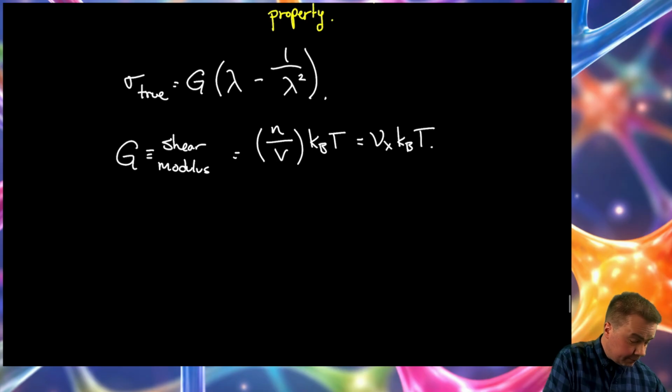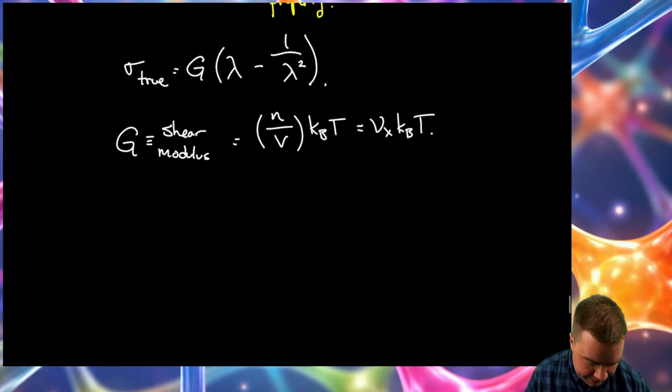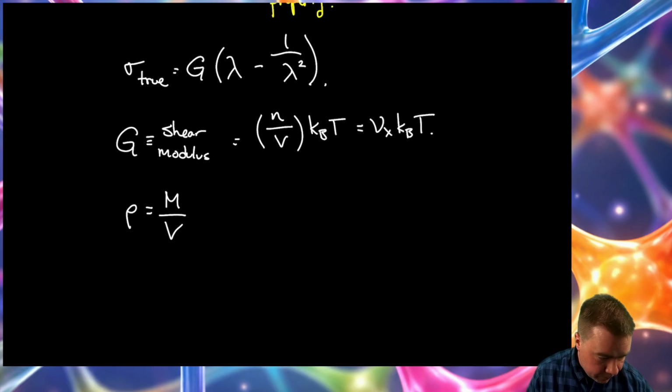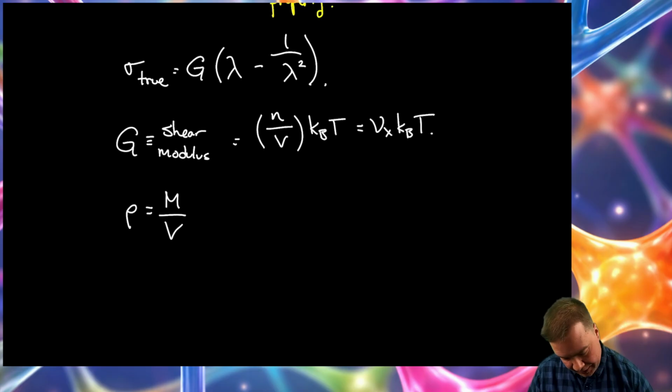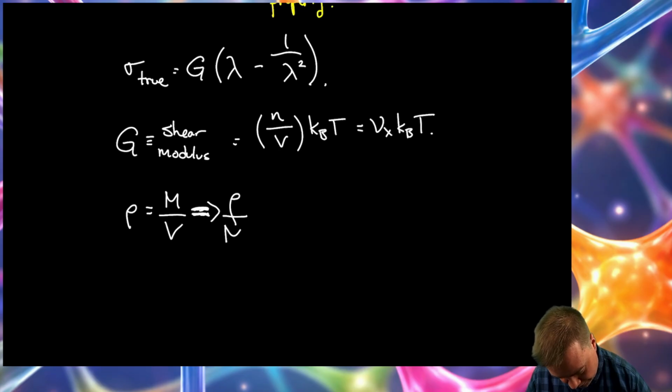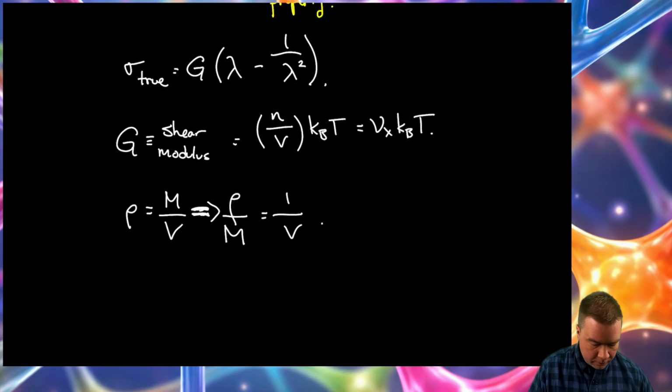Okay, that's fine. It's not always the most convenient way to do that. So imagine that we've got a density to our material, rho, which is the mass of our material divided by the volume. Then this implies that the density of my material divided by its mass is equal to 1 over the volume.